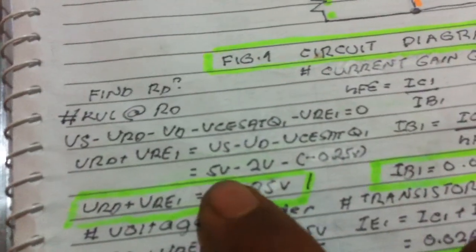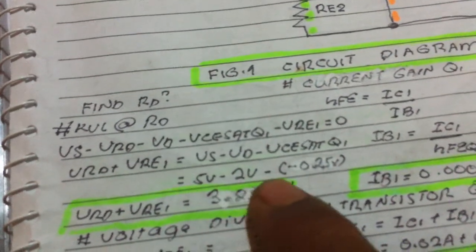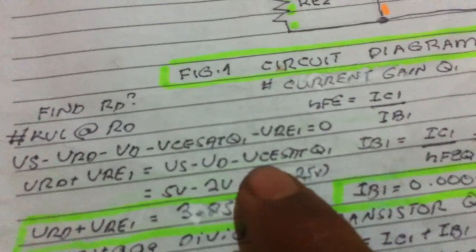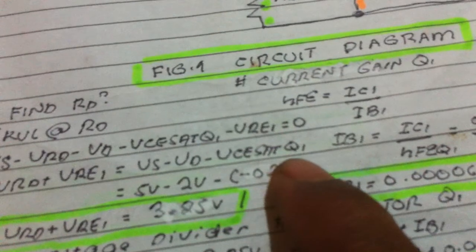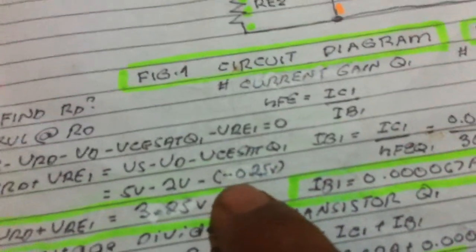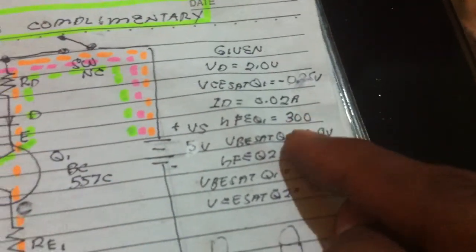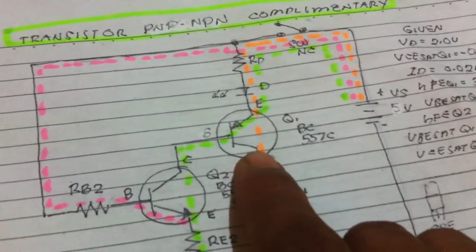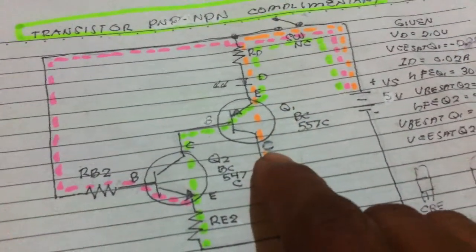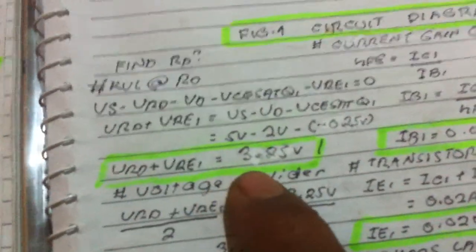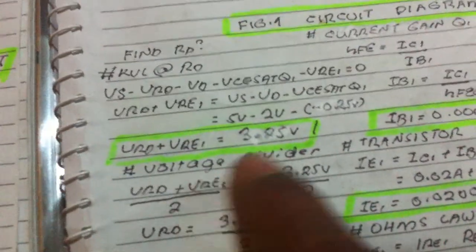Substituting the given values, you see the collector-emitter saturation voltage of Q1 is negative 0.25, because this is PNP. That is given in the data sheet of the PNP transistor. So we now get 3.25 volts.